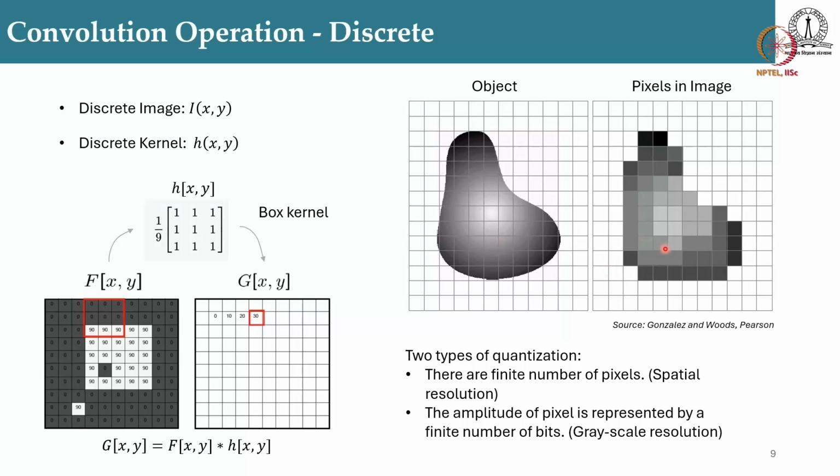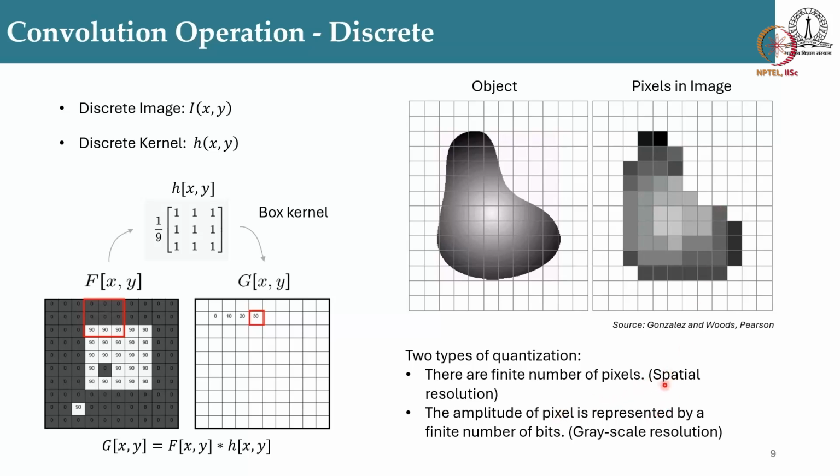So your object will look something like this. Most of the time we capture at a very high resolution, which basically means the sensor sizes are very small. So the object looks smooth, but actually it's discrete if you look at the quantized final elements.